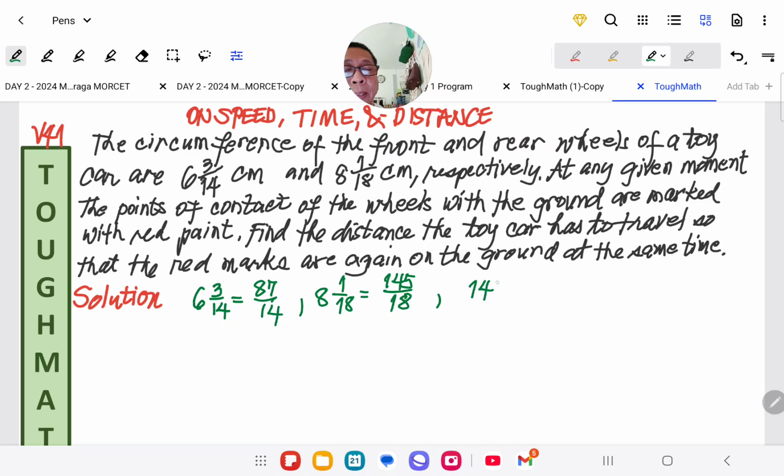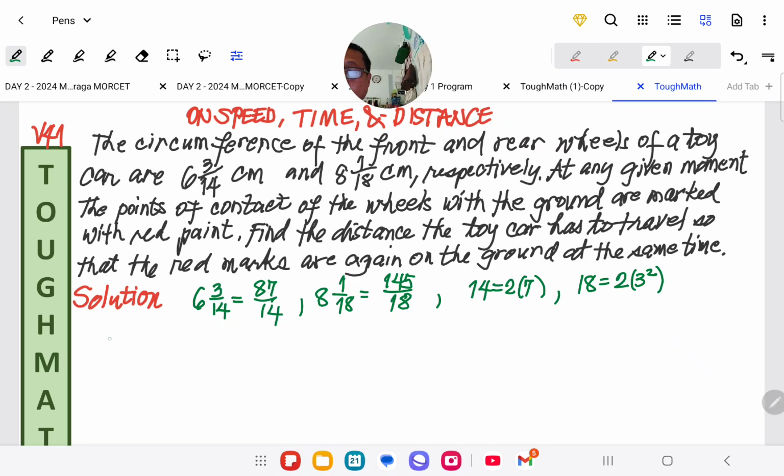Since 14 equals 2 times 7 and 18 is equal to 2 times 3 squared, we use the factors of 14 and 18 to convert these improper fractions into integers.